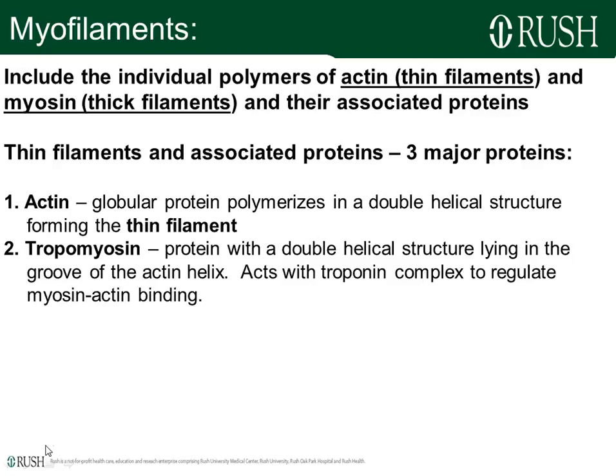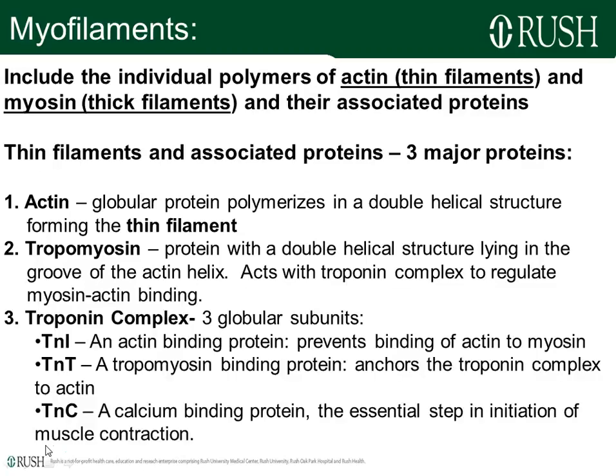Tropomyosin, which is a protein also organized into a double helical structure, and that lays along the groove of the actin helix and acts with another molecule, troponin complex, to regulate the actin-myosin binding. And the third that I just mentioned is that troponin complex that has three different globular subunits.